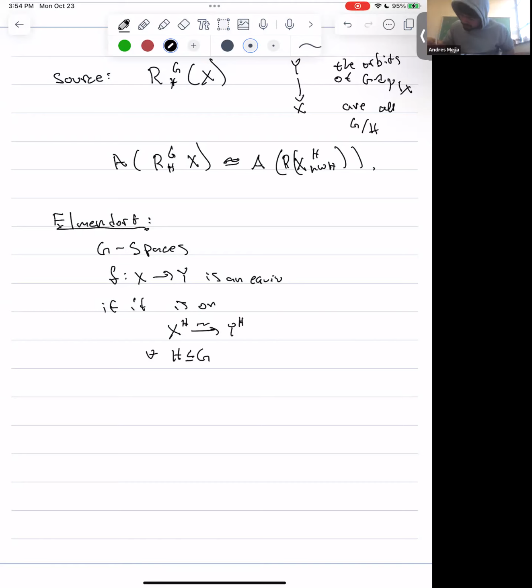And they're equivalent to functors from O_G up, where this is the orbit category. So this is just the category where every object is G mod H and the morphisms are equivariant maps into spaces.